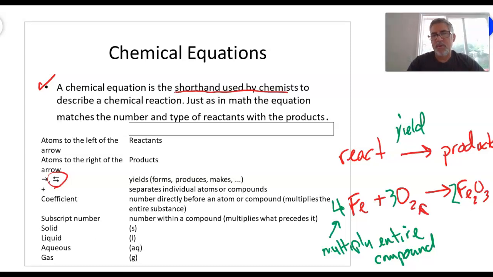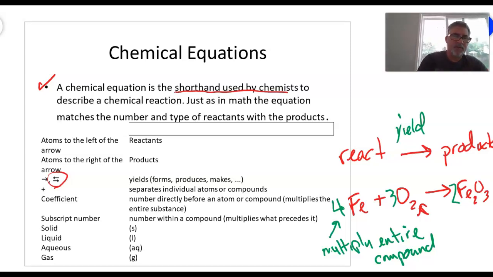This subscript 2 here only multiplies the oxygen. But this coefficient 3 multiplies everything. This 2 here multiplies both the iron and the oxygen. So I have 2 times 2, which is 4 irons, and 2 times 3, which is 6 oxygens. So know the difference between a coefficient and a subscript.